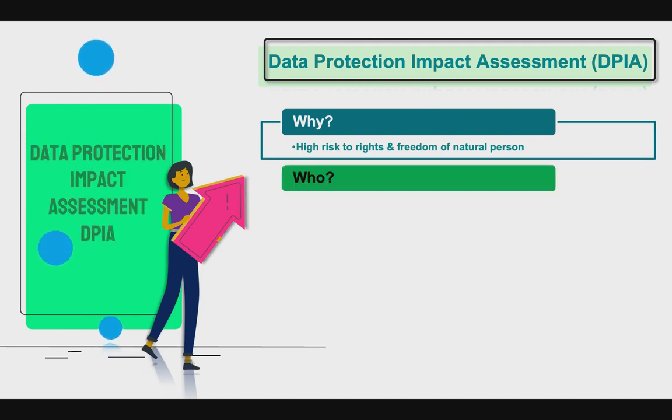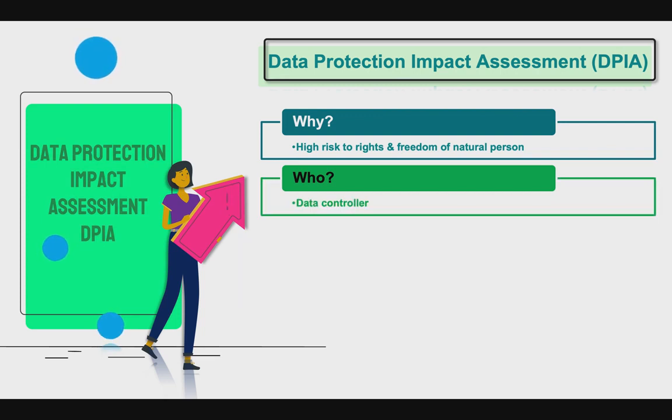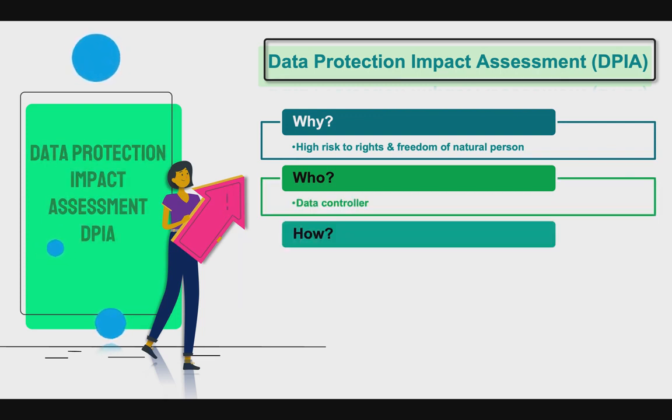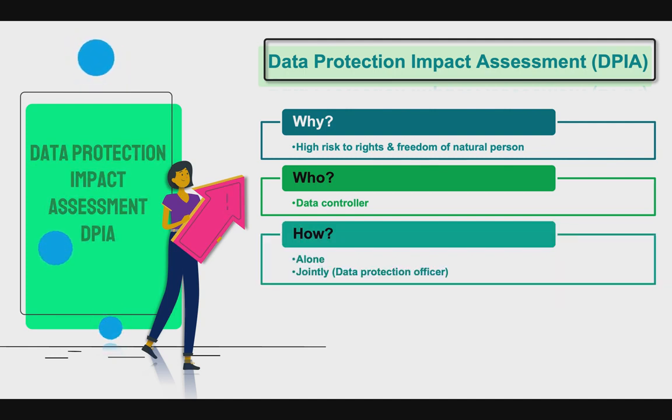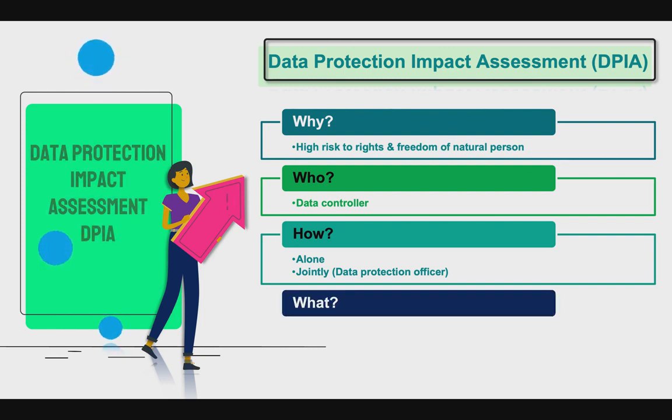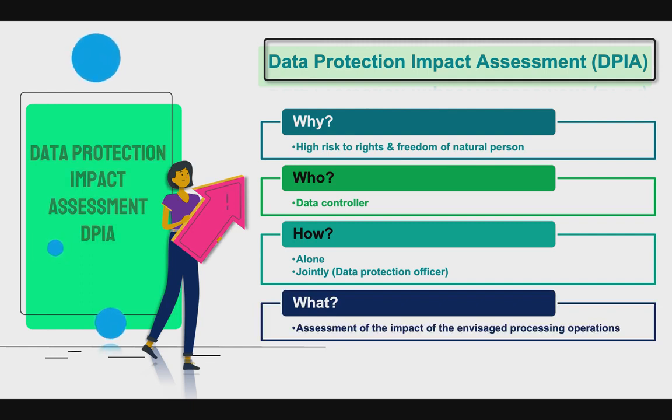Who should carry out a DPIA? That would be our data controller. How is the data controller going to achieve this? The data controller shall, alone or jointly with the advice of the data protection officer where designated, carry out the data protection impact assessment. And what exactly are they going to do? They are going to assess the impact of the envisaged processing operations.